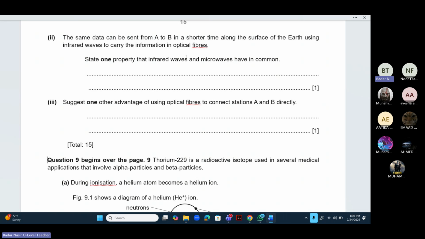So they both are transverse waves or they both travel at the speed of light. So this is what we can write. They both are transverse waves. ठीक है? They both travel at speed of light.